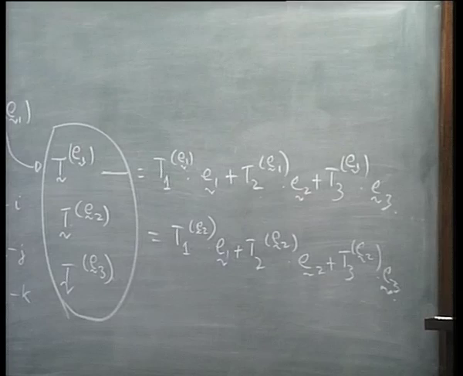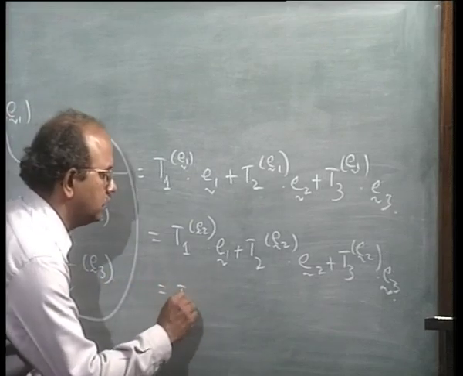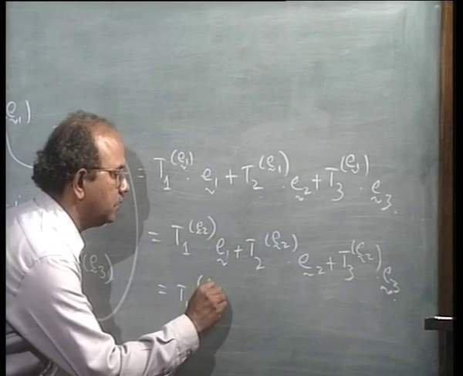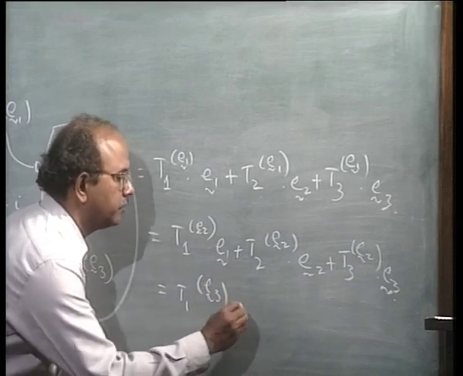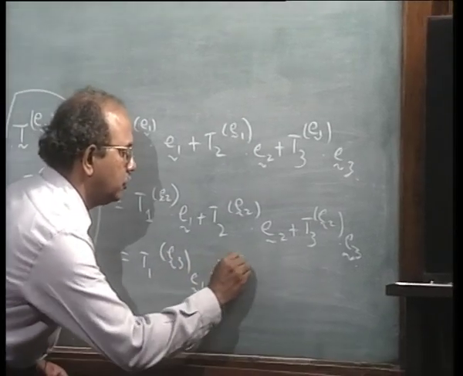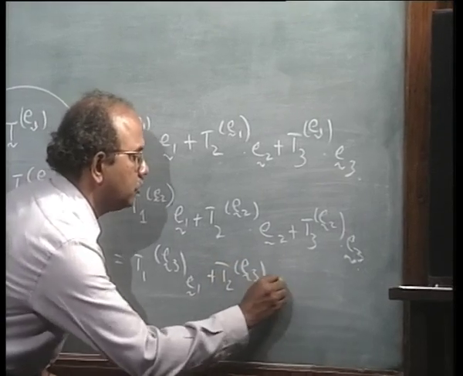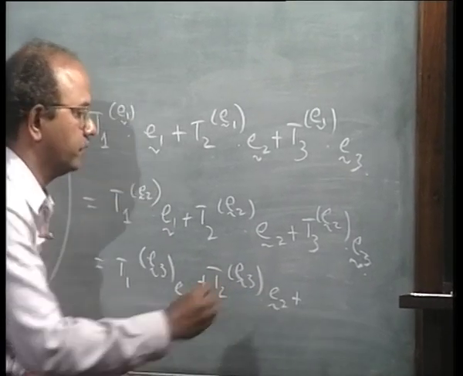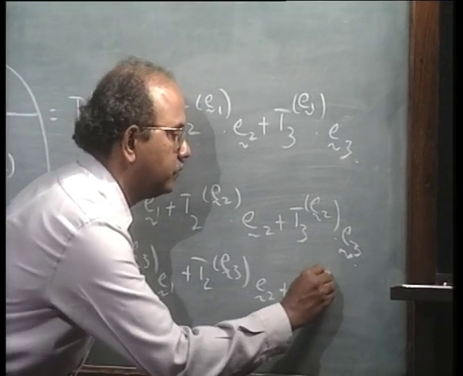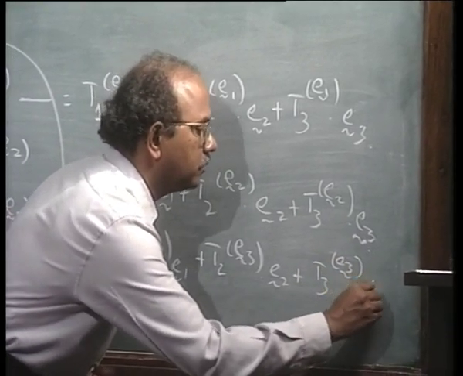Is that clear? And you can write the last one again as T1 of E3 into E1 plus T2 of E3 into E2 plus T3 of E3 into E3.